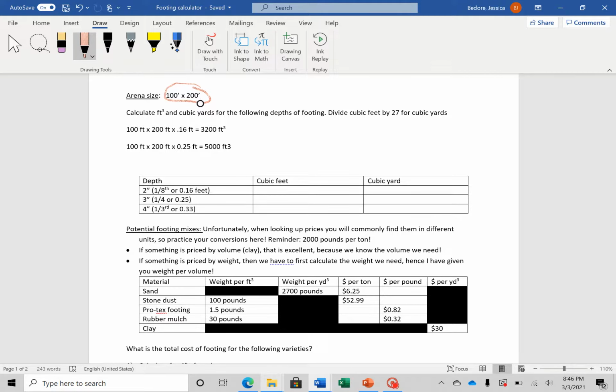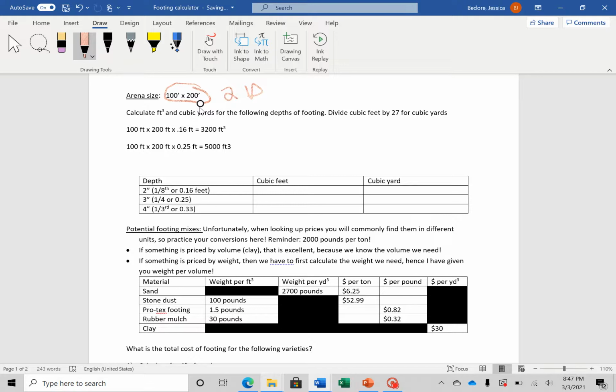So volume is 3 dimensions. I've given you your arena in 2 dimensions. Your third dimension is height, which is either 2 inches, 3 inches, or 4 inches. And then because your other 2 dimensions are in feet, you just need to convert these to feet.